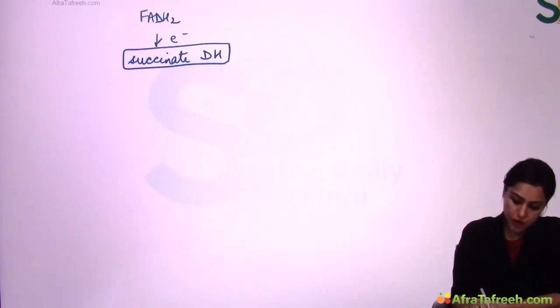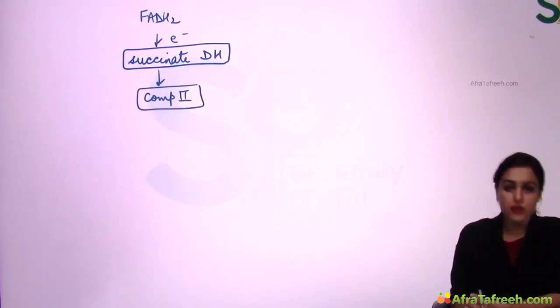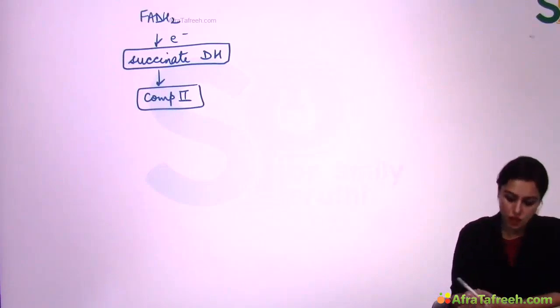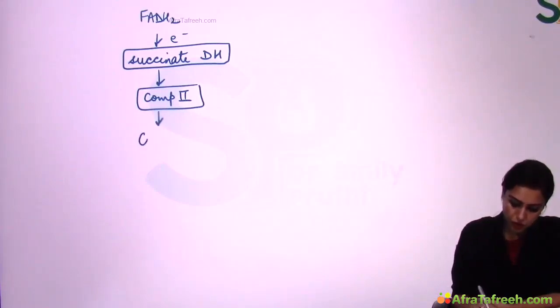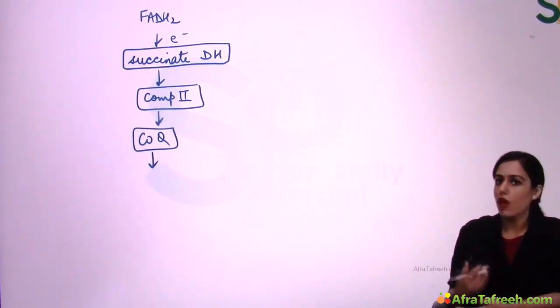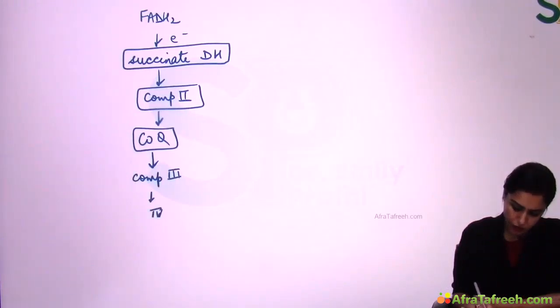Now, after succinate dehydrogenase, the electrons are given to complex 2, and this complex 2 was not involved when NADH was entering ETC. So now this complex 2 will further give electrons to coenzyme Q. After that, everything is the same as we did for the NADH route. Here complex 3 will be involved, then complex 4, like that.